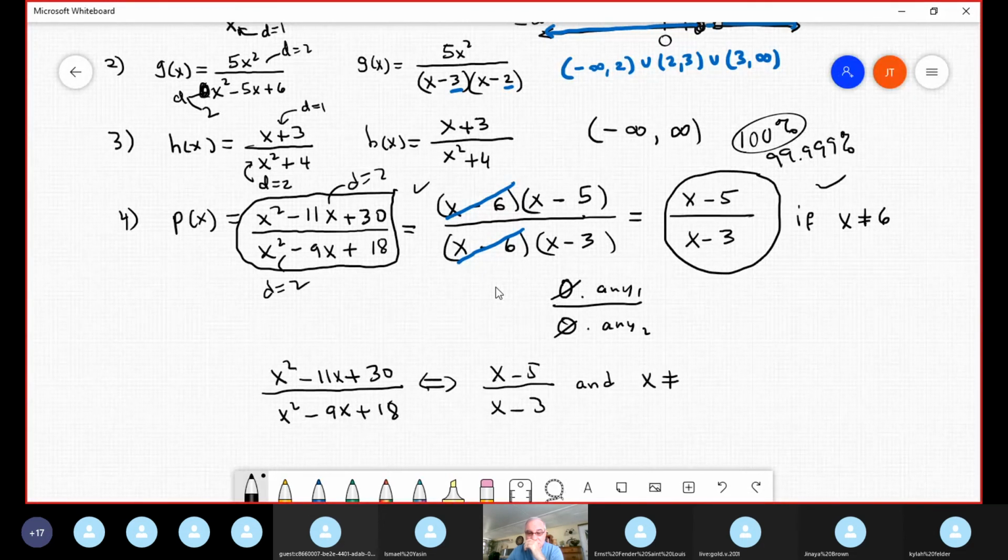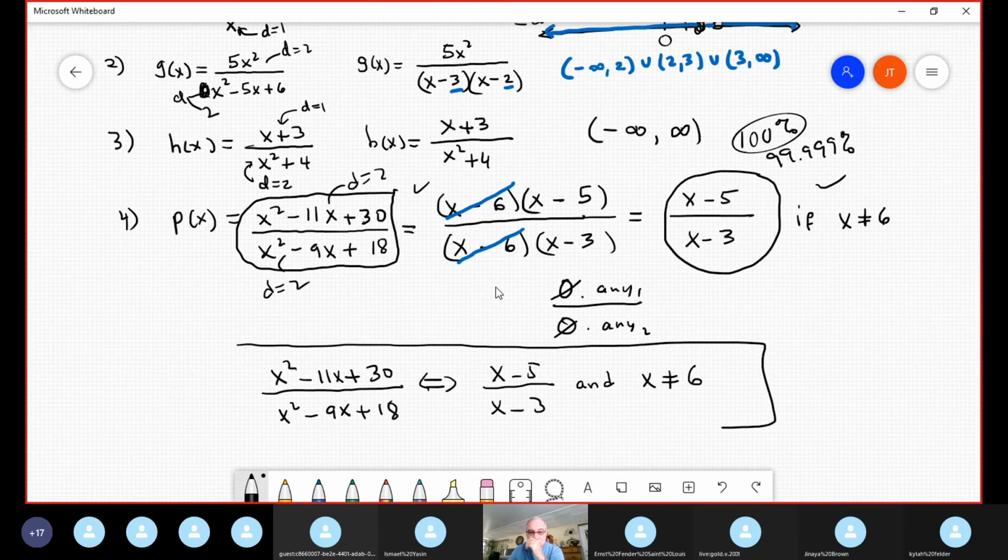So this is valid for any number, but not 6. Now this statement is completely true, 100%.